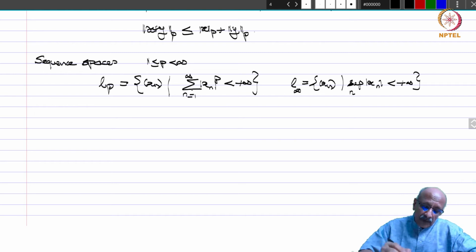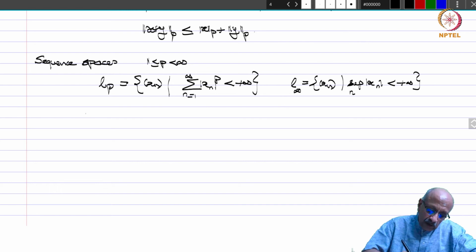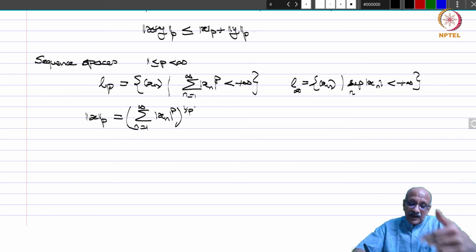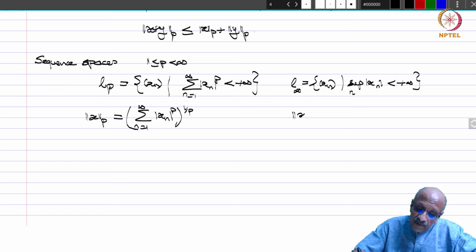Okay. So now on ℓ^p, again we will define the norm here. The norm ||x||_p is equal to (sum from n equals 1 to infinity of |x_n|^p) whole power 1/p. And that is finite, and so it is well defined. And of course the norm of x in ℓ^∞ is equal to the sup of |x_n| over all n.